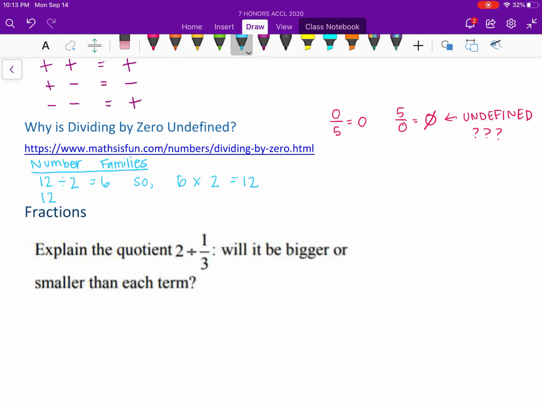Well, what about when we have 12 divided by 0? What does that equal? The opposite would also have to be true, right? Like some random number times 0 would have to equal 12. Can you guys think of any number that would satisfy this equation?